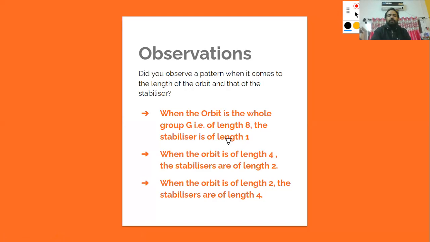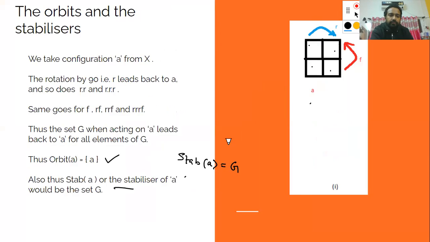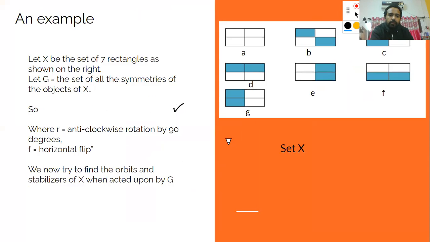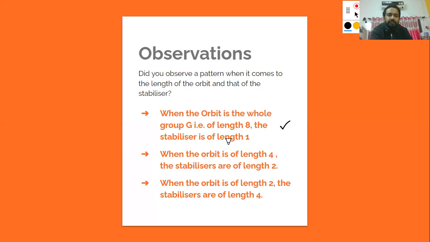What we observe is when the orbit is the whole group of length 8, the stabilizer is of length 1, as we saw. When the orbit is of length 1, the stabilizer is the whole group of length 8. When the orbit is of length 4, the stabilizers are of length 2.